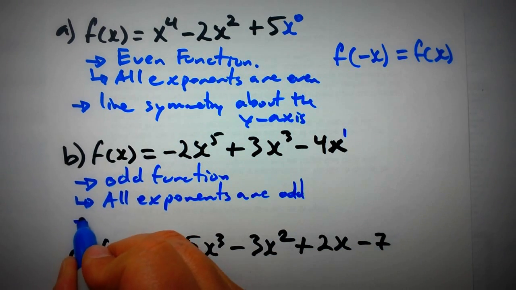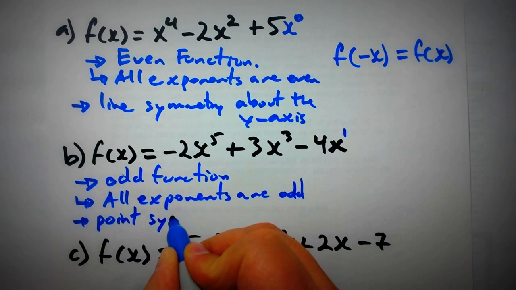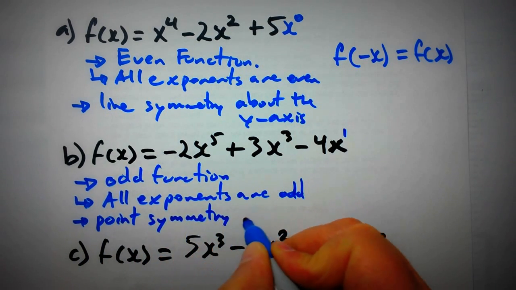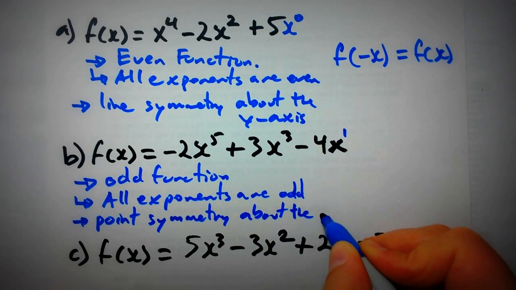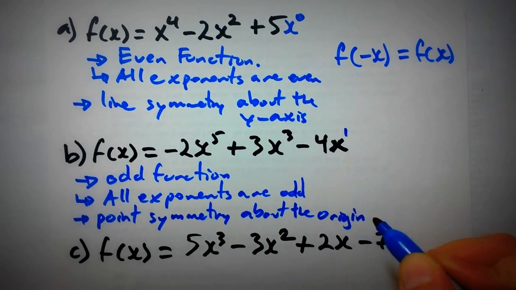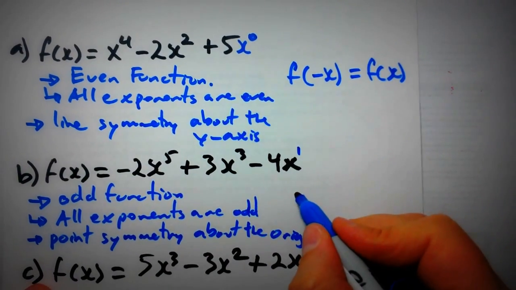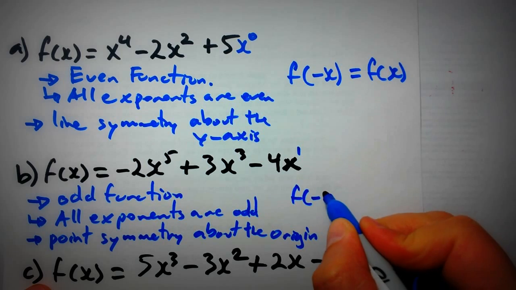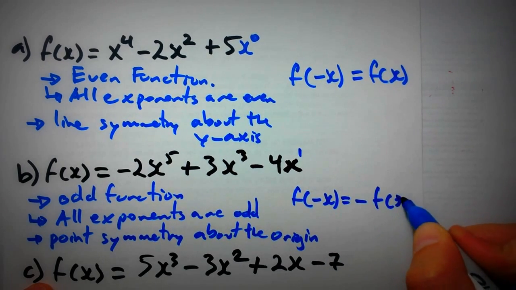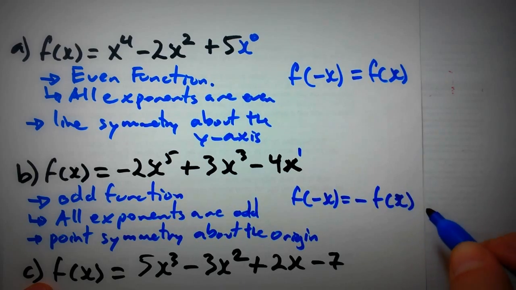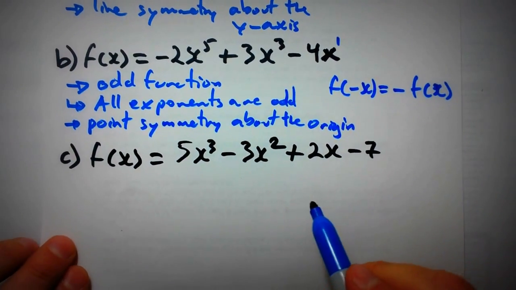It has a point symmetry about the origin. Now, for an odd function, this should hold true. So once again, I'll leave it up to you to demonstrate to me how that is, and I will be checking it. Now let's look at the next example.